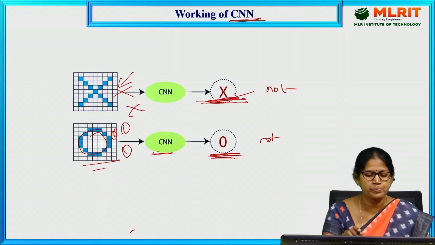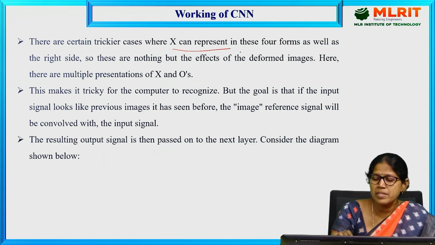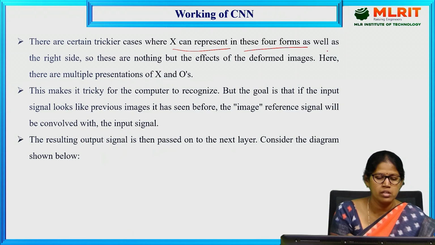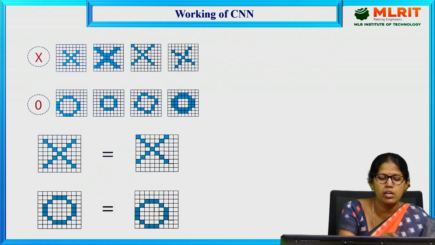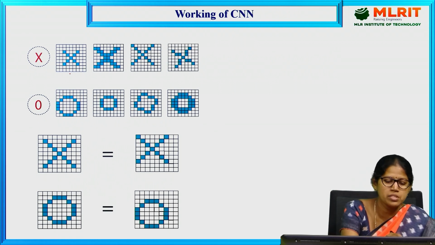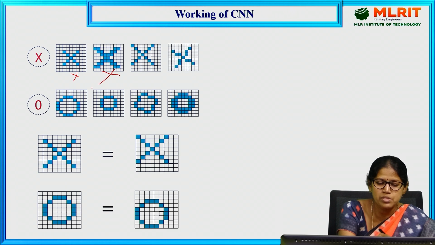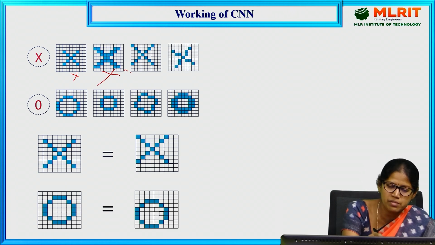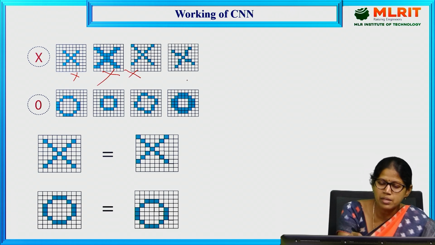Let's see how. X can be represented in these four forms. The original X sometimes will be reduced, sometimes increased, sometimes it will start from the corner, sometimes it has another curved shape, or other different forms.